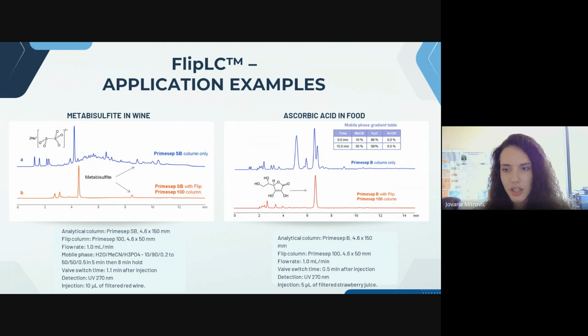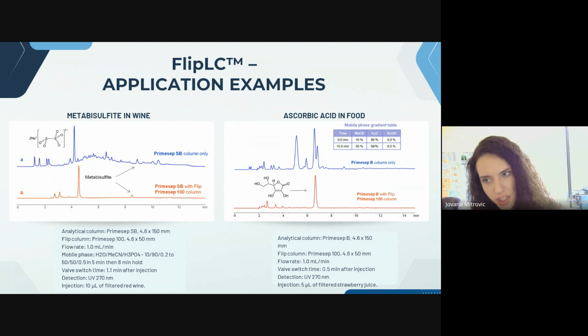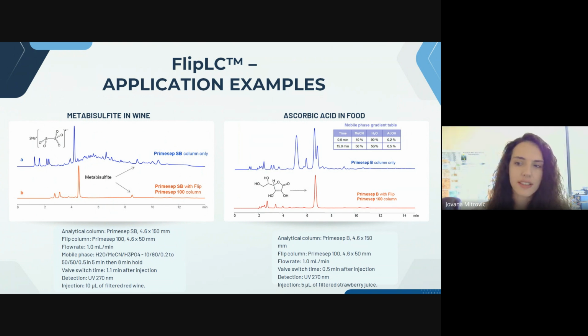Using the HPLC setup, we inject the wine sample, and it first passes through the flip column, which in this case is a Prime Sub-100 column that has reverse phase functionality plus negative charge. Under initial low organic mobile phase conditions, the flip column retains most of the matrix interferences: the color compounds, sugars, and polyphenols.